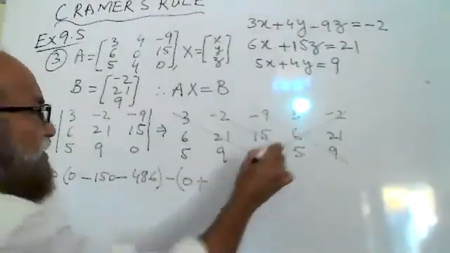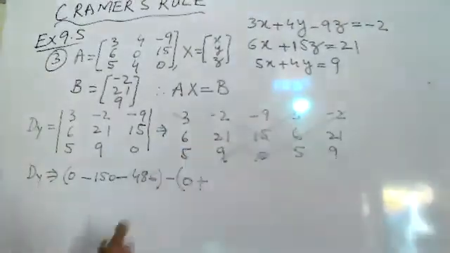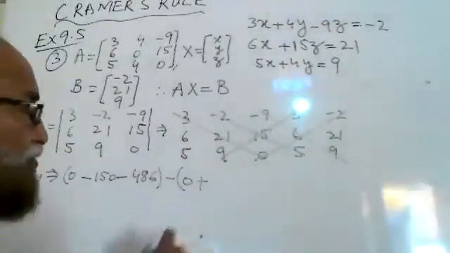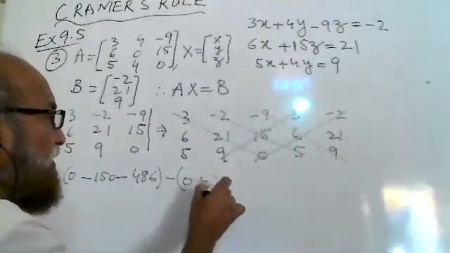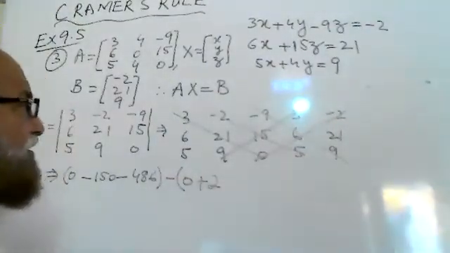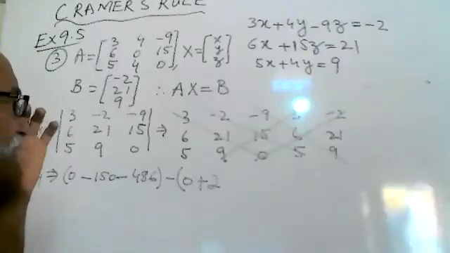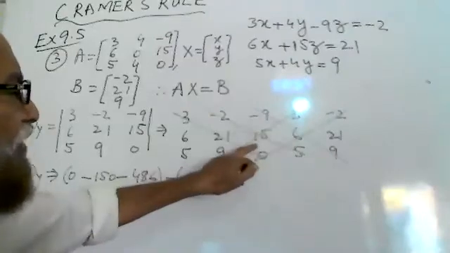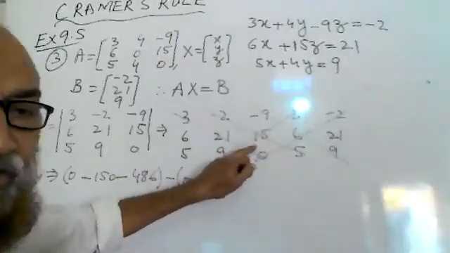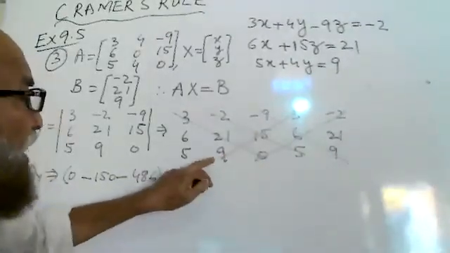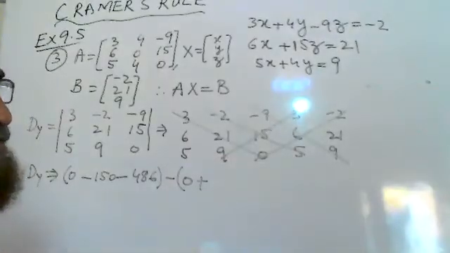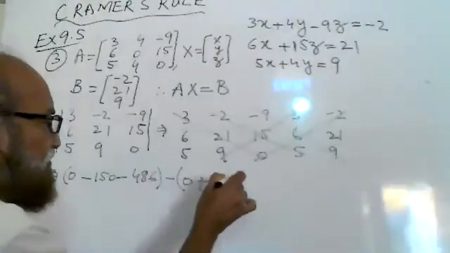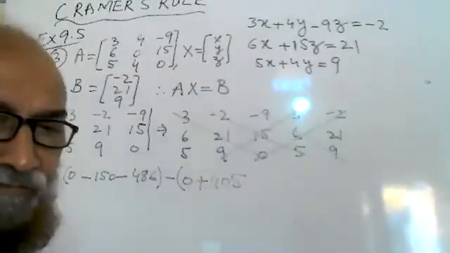Plus 3 into 15 into 9. 3 into 15 will be 45. 45 into 9, 405. That's right, 405.